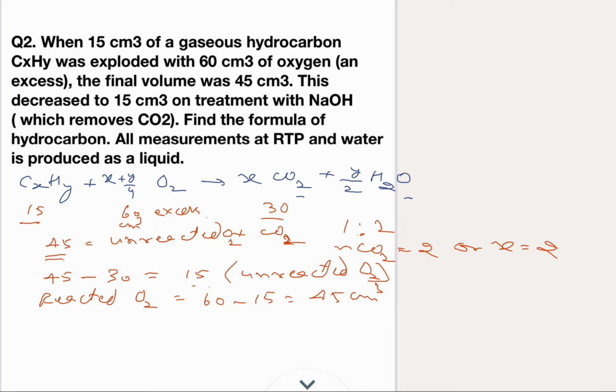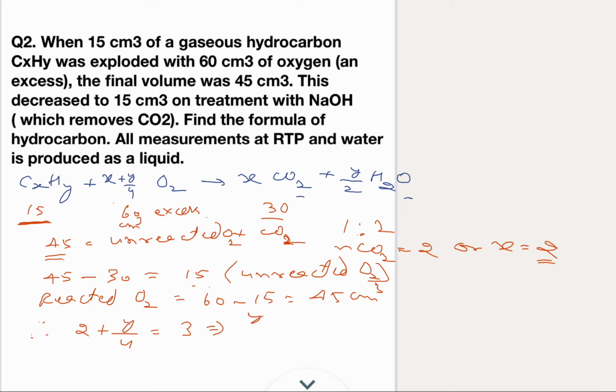Now you can see that the ratio of CxHy to the oxygen here is 1 to 3. So that means x plus y divided by 4 is equal to 3, and when we solve this, x we have already found out was 2, so we can substitute x with 2.